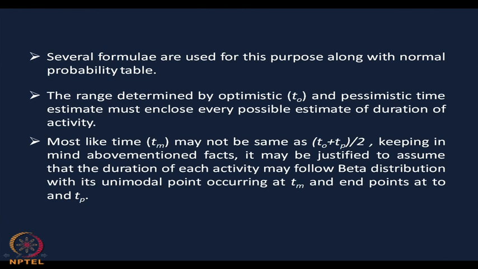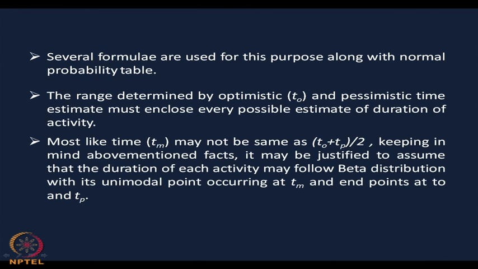The range determined by the optimistic time T 0 and the pessimistic time T p must enclose every possible estimate of the duration of the activity. That is, the optimistic time and pessimistic time should give the endpoints of your project duration: the minimum time it should take and the maximum time it should take, which should be estimated properly.